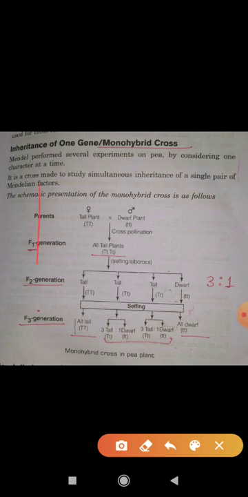Okay, children? Try to understand. These are the male and female gametes. First of all, T, small t. Again I am making it. Try to understand it.